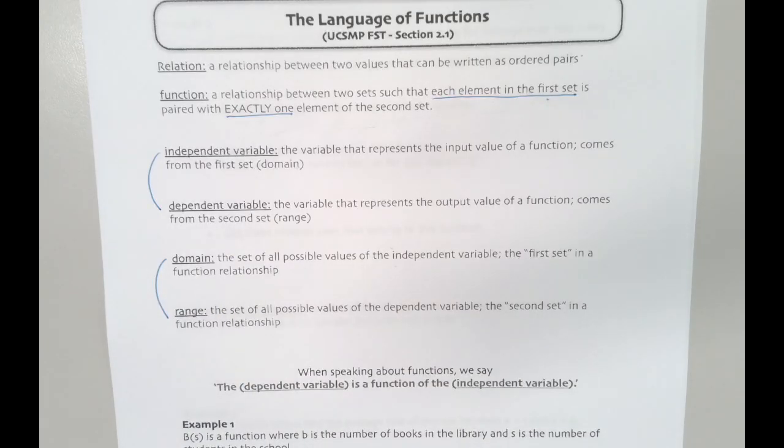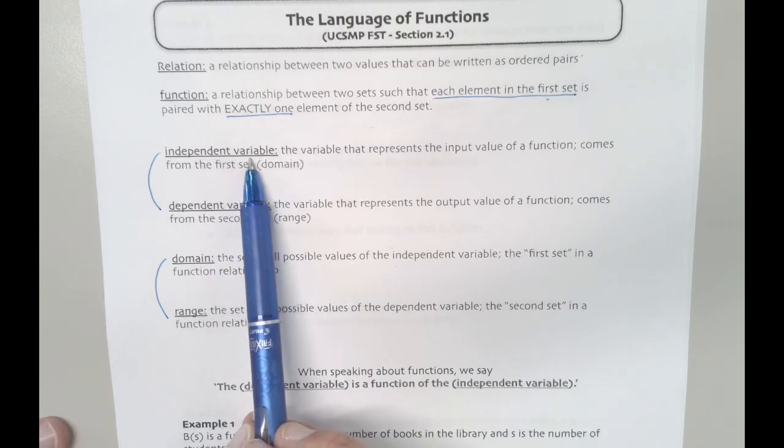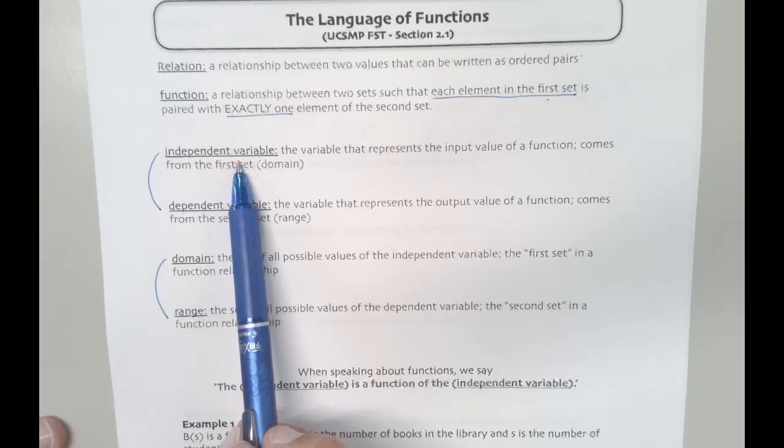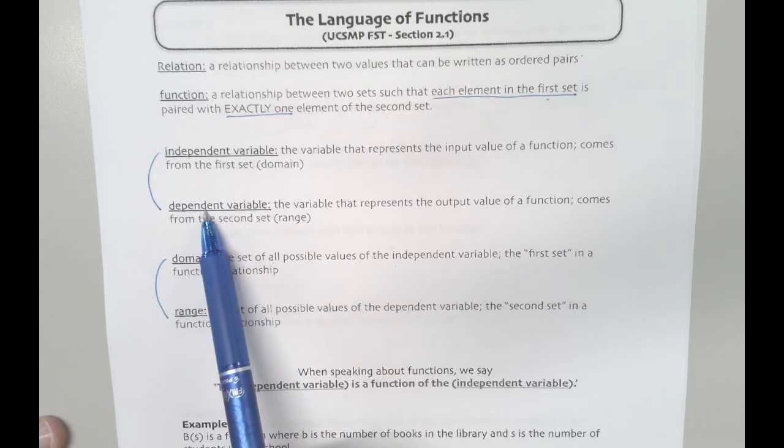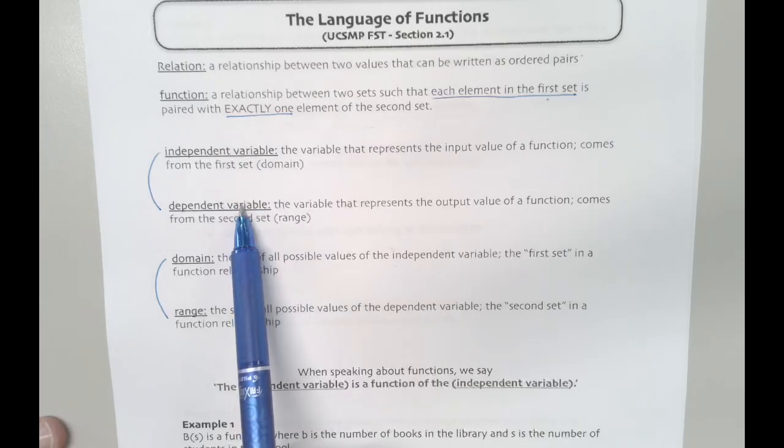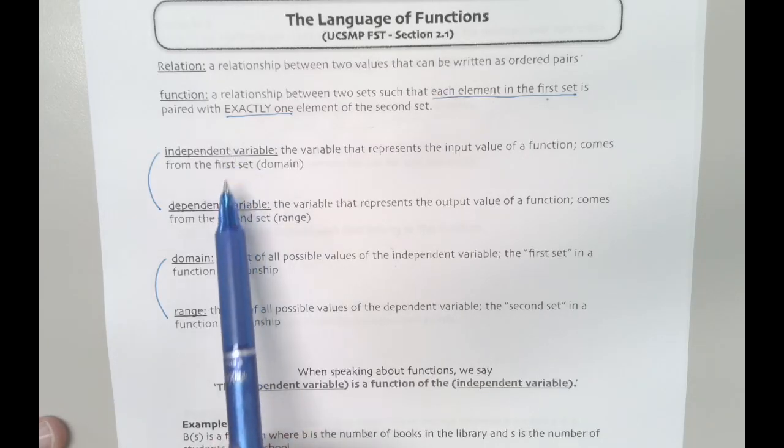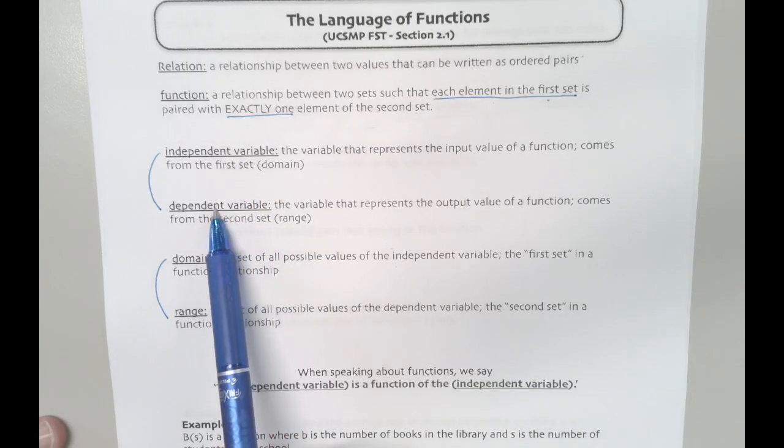So let me grab one of those examples that I talked about earlier. Let's go people with their favorite color, okay? The independent variable is that first group. It would be the people, okay? It's the thing that you're controlling. And then the dependent variable would be color, okay? So people, color. Or car, gas mileage, okay?